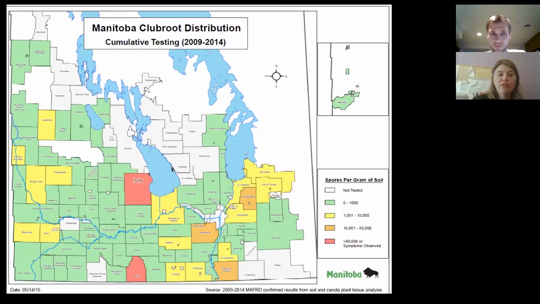So as I said, our first soil spore concentrations were extremely low levels back in 2011, 2012. Our first cases where we actually saw symptoms in the field were in 2013. That was found through the canola disease survey, and also from a farmer submitting a sample.